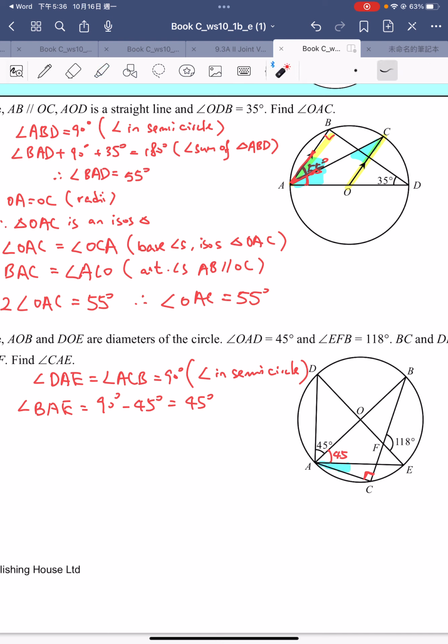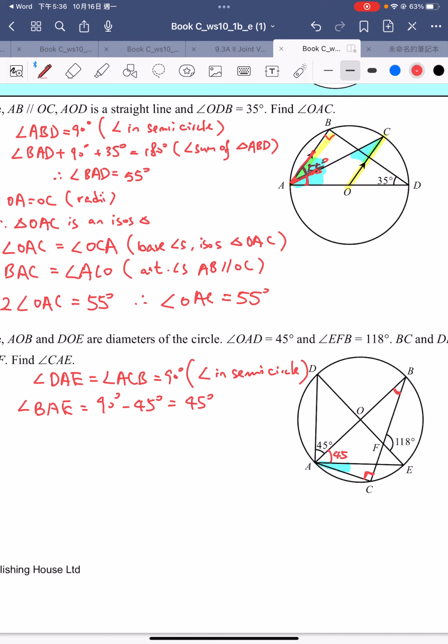In the triangle ABC, we now have this is 45, this is 90, and this is what we want. If we know the exact angle B, then we can use the angle sum of a triangle to find the required angle. So now we want to find out the angle B.